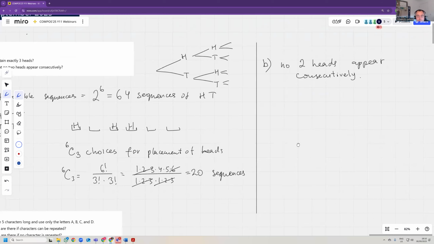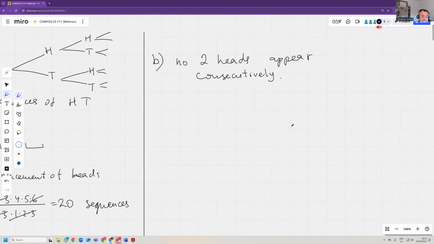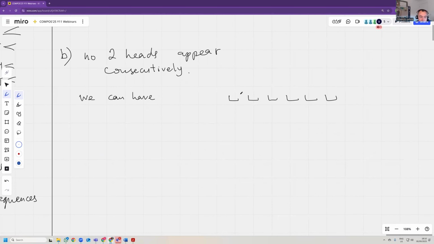Well, we need to consider how many heads we can have. If it's 6 positions, 1, 2, 3, 4, 5, 6, the maximum number we can have is 3.